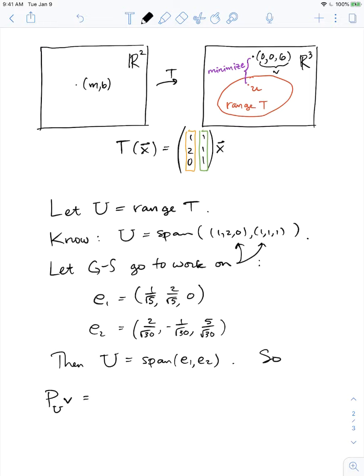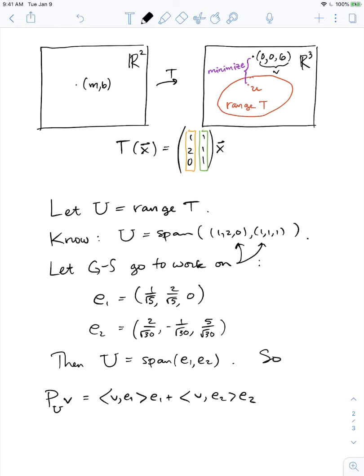This is what it is every time. This is from the proof of theorem 6.47, I think. You just do v inner product e1 times e1 plus v inner product e2 times e2.